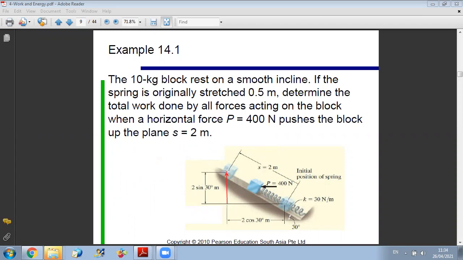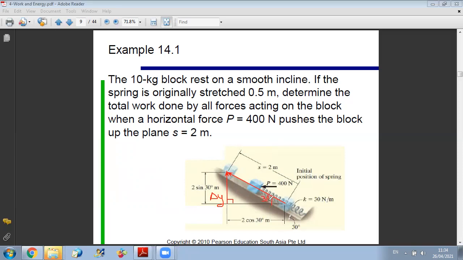This distance is delta Y. You can say that this is a right triangle, and the hypotenuse is equal to the displacement of my block, which is 2 meters. So delta Y is equal to delta S times sine 30, because this angle with the horizontal is 30 degrees.